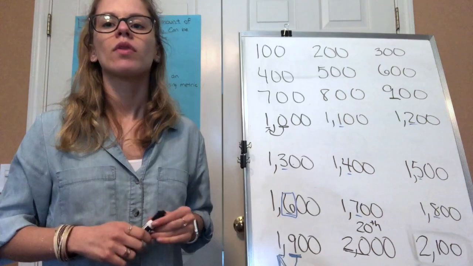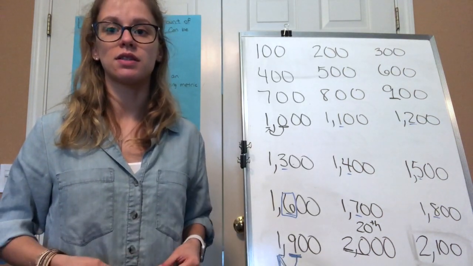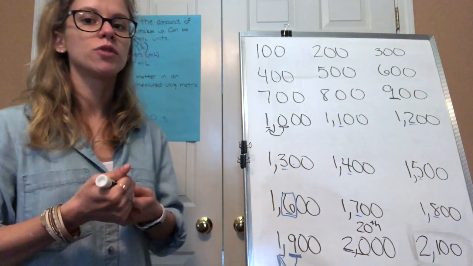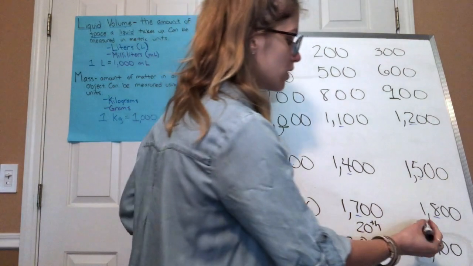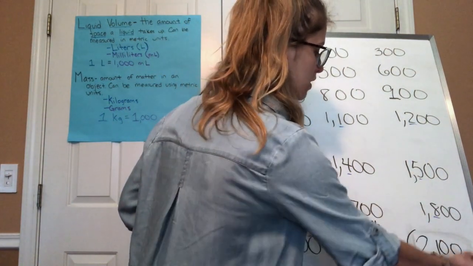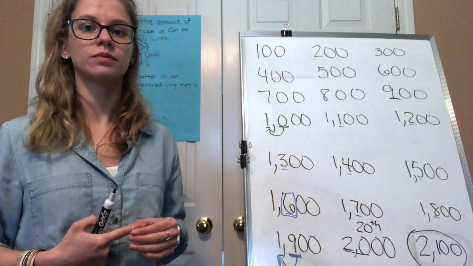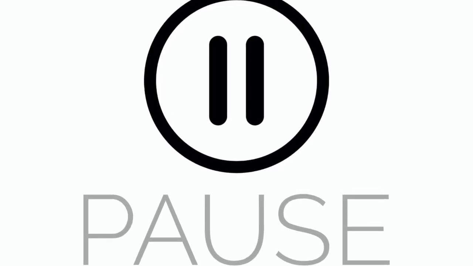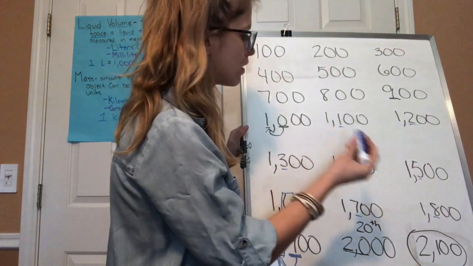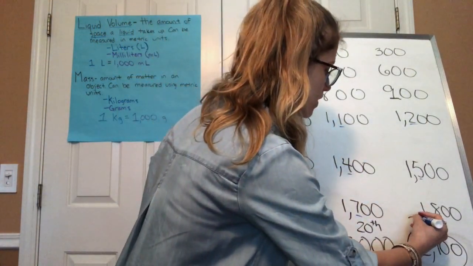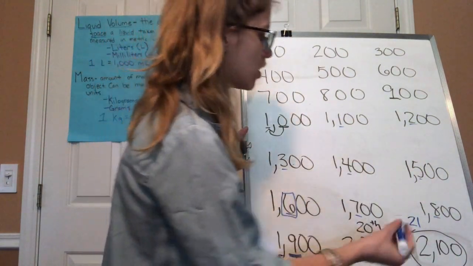2,100. When we've done count around the class before, we've written multiplication sentences. What is a multiplication sentence that can represent the way that we counted by 100 to get to 2,100? So what we did, we counted 21 times by 100.